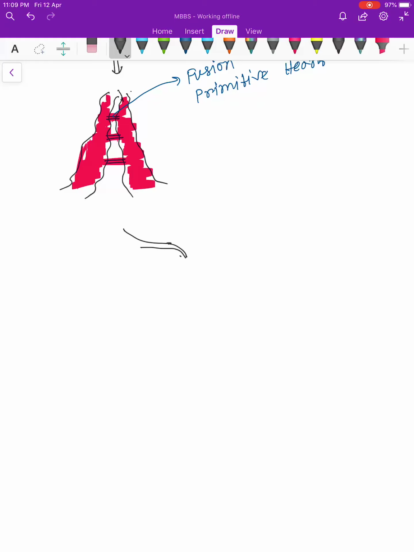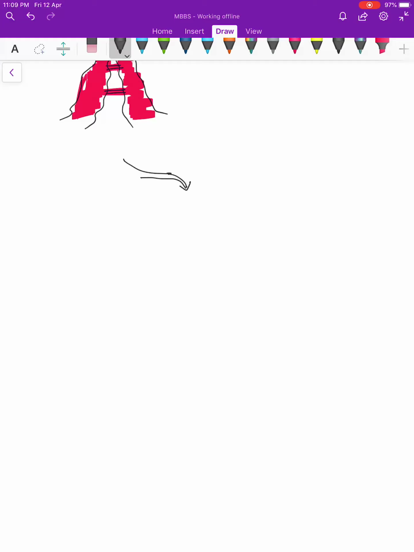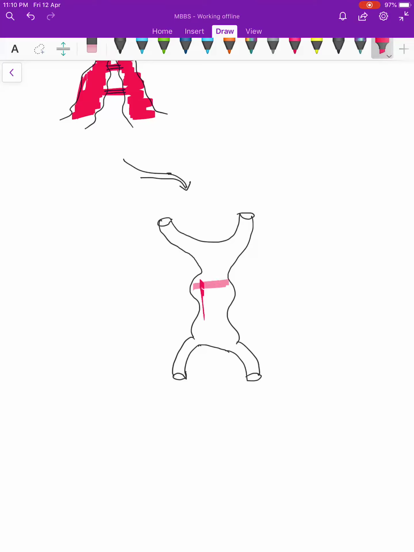So let's see the heart tube. This is the heart tube.